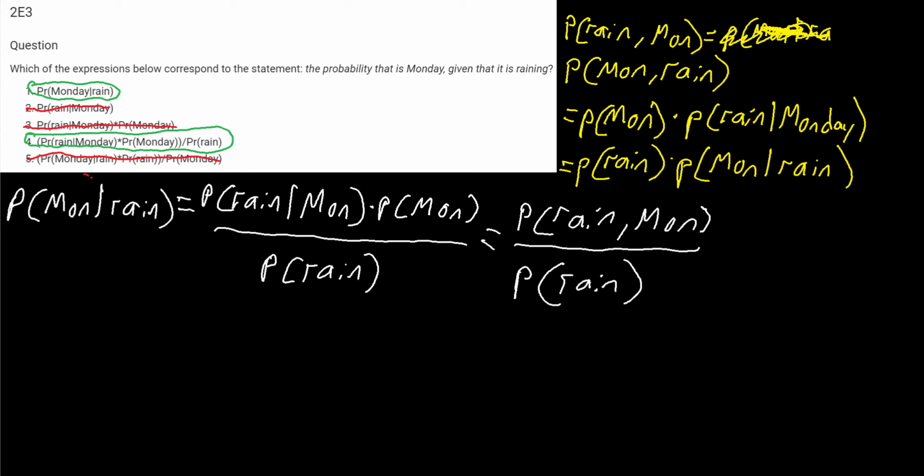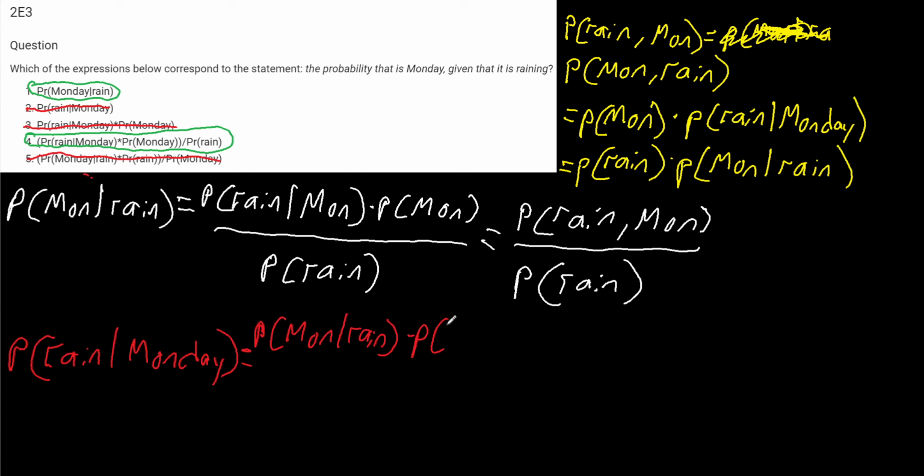If we pattern match here, number 5 is representing the probability of rain given Monday. And again, we can write this one as the probability of Monday given rain times the probability of rain, and all of that divided by the probability of Monday.